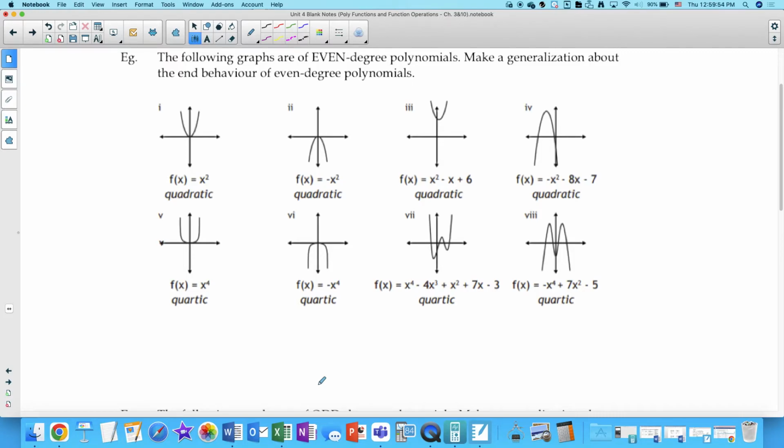Okay? So if they start and end in the same direction, one thing that's also going to result from that is that you're going to have a minimum value or a maximum value. They're not going like this. They're going like this or like this.